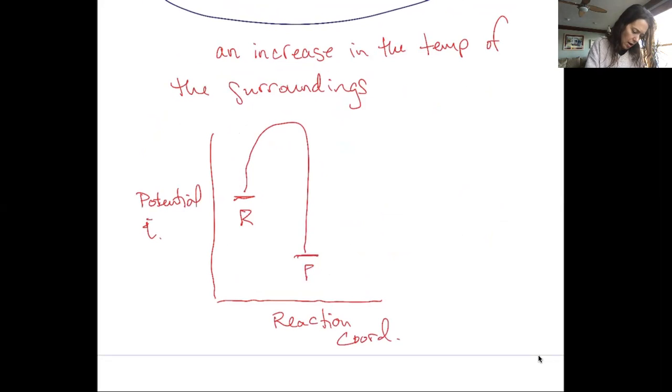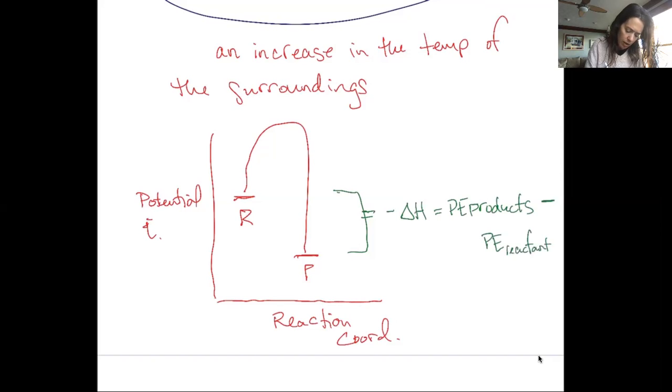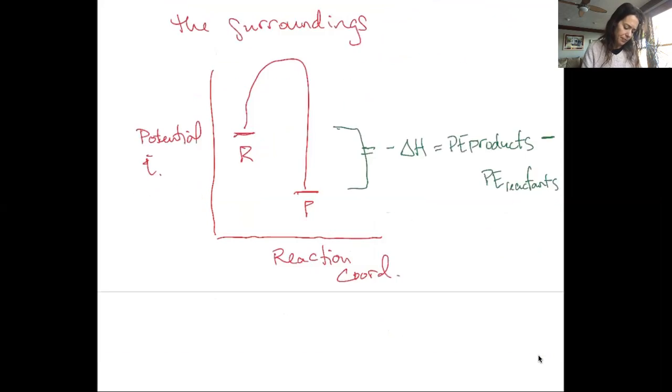Once again, the difference in energy here is equal to delta H, the potential energy of the products minus the potential energy of the reactants. And that will give you that negative value.